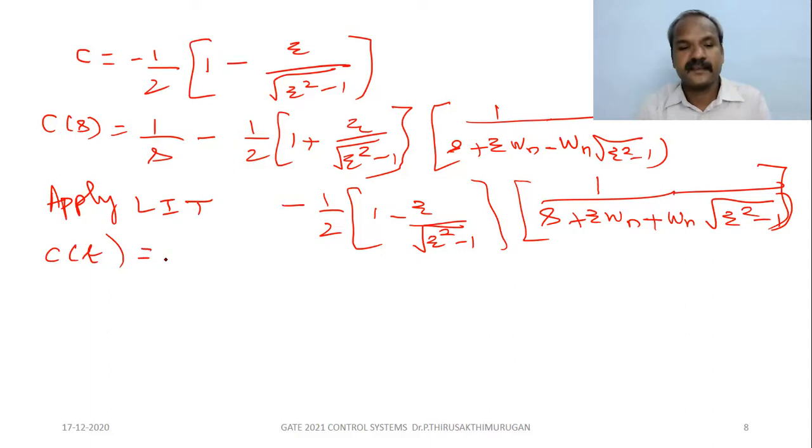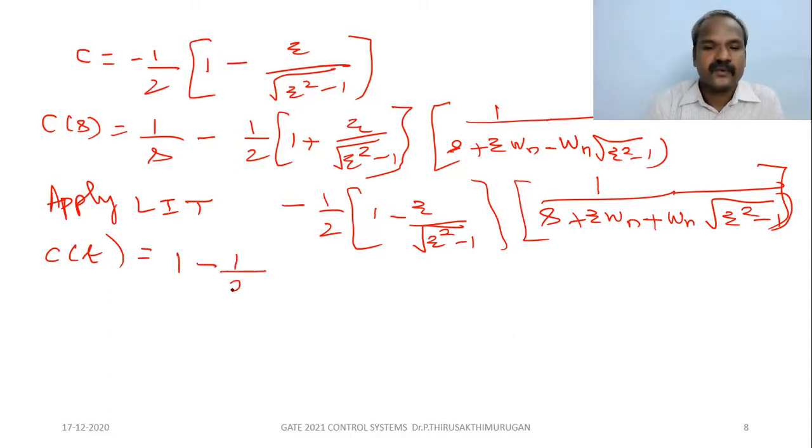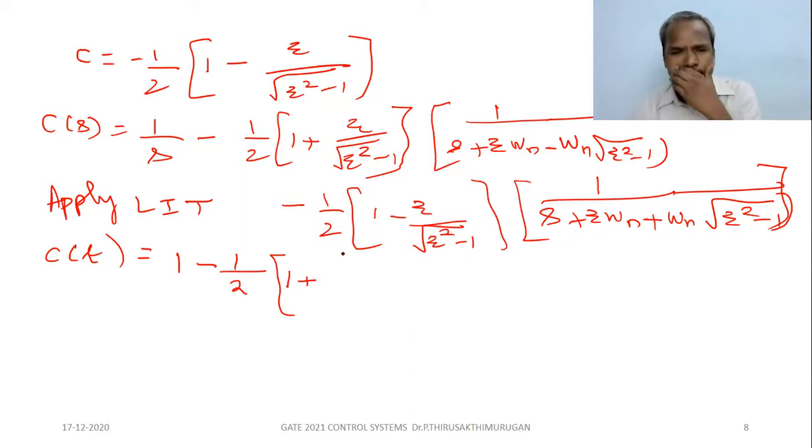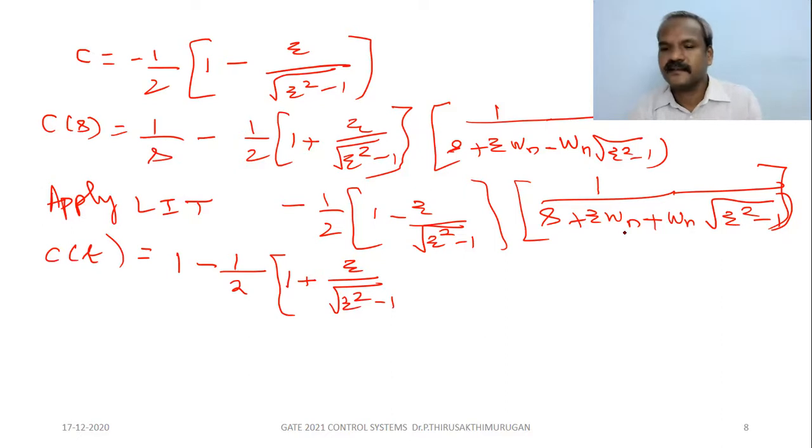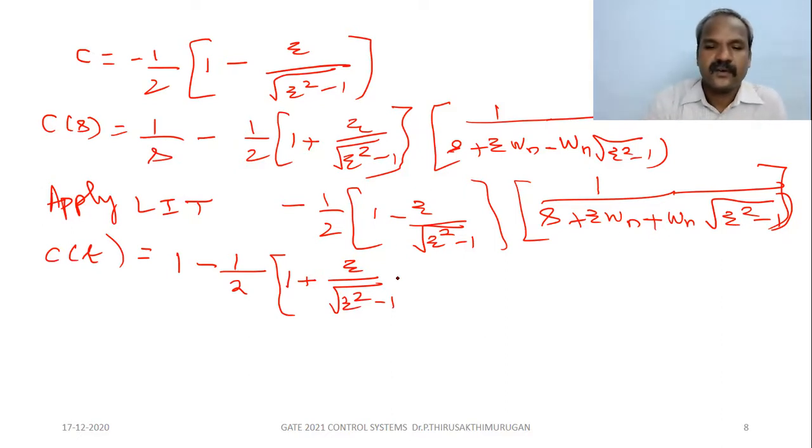We will be getting C of t equal to 1 minus, this is the constant term, 1 by 2 of 1 plus zeta divided by square root of zeta square minus 1, into, so this term becomes S plus of this, and this is S minus of this. So this becomes a common term for both.